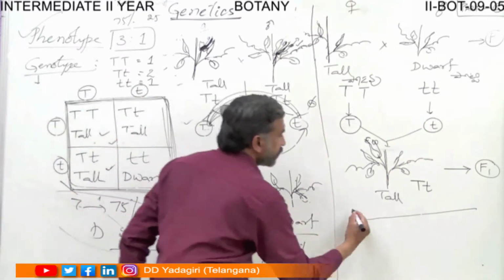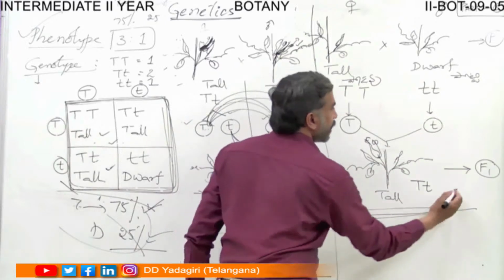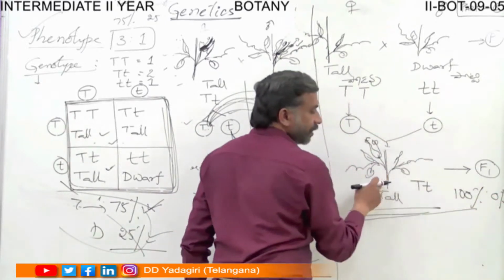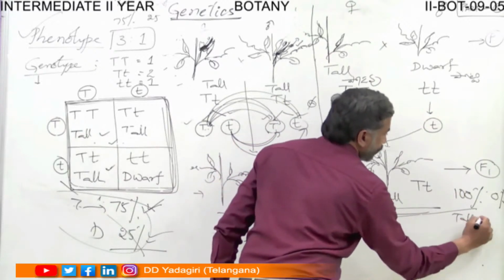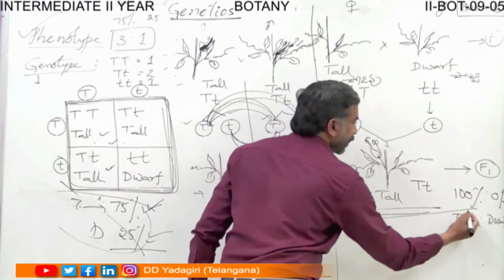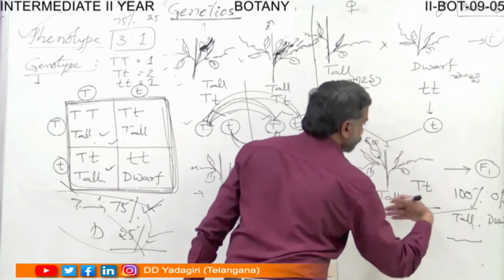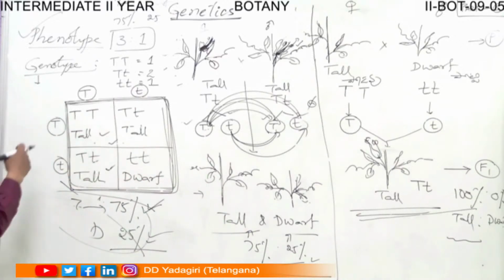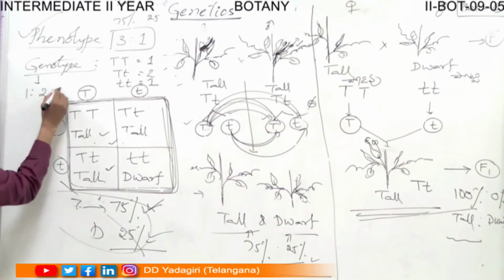All the F1 plants are only tall, that is 100%, and 0% dwarf. If you take the ratio, all are tall plants. Whereas if you take the genotype ratio here, it is 1:2:1.